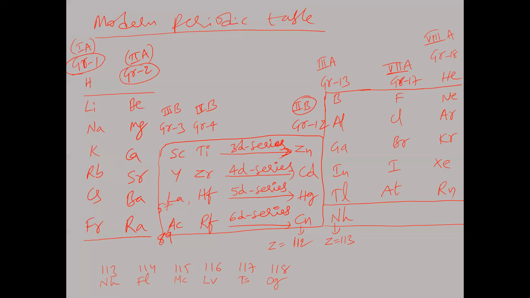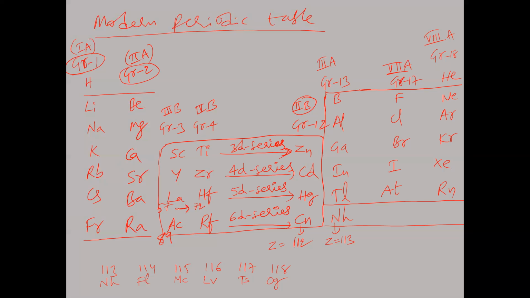And after lanthanum, immediately hafnium is there. Hafnium atomic number is 72, remember. So after 57, immediately 72 is there. So 58 to 71 are missing here.